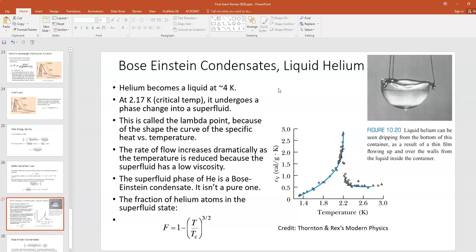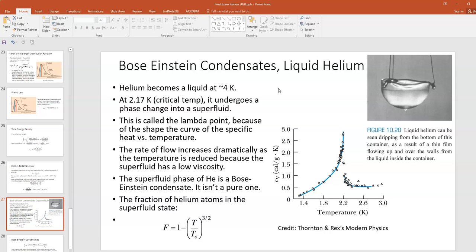So you can't really call liquid helium at 2.17 Kelvin a true Bose-Einstein condensate for that reason, because there's a little bit of helium-3 mixed in there usually. But at any rate, it's close enough to behaving like a Bose-Einstein condensate because of the low concentration of helium-3 that it has certain cool characteristics that you saw in those videos.